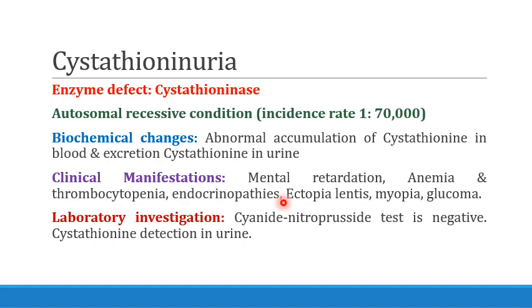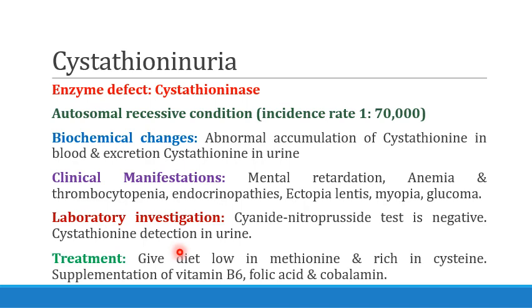Lab investigation: here the cyanide nitroprusside test is negative, but the cystathionine level is detected in the urine. Treatment is the same: a diet low in methionine and high in cysteine, and supplementation of vitamin B6, folic acid, and cobalamin is given.